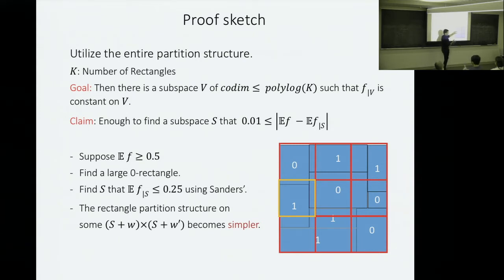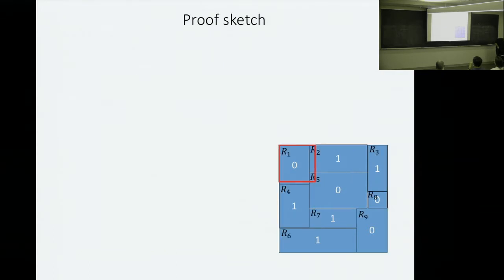What do I mean by picking a typical coset and saying my partition structure is much simpler here? If we have such a thing, then we can restrict to that coset and continue, until it's so simple that it's just constant. So all I have to explain now is what I really mean by simple. That I have to define.